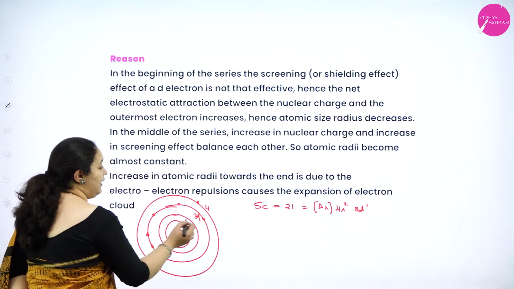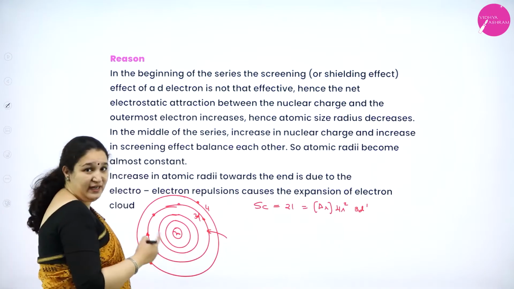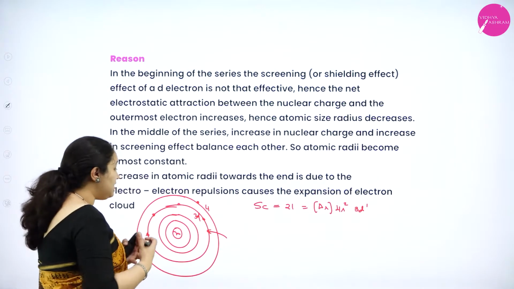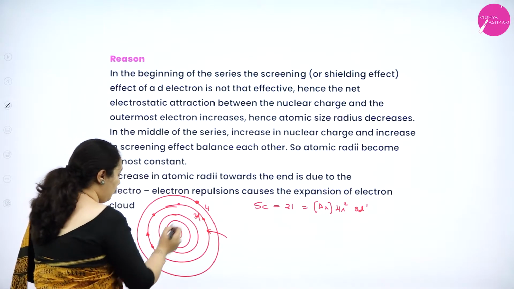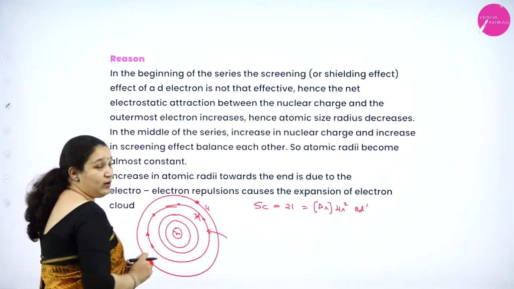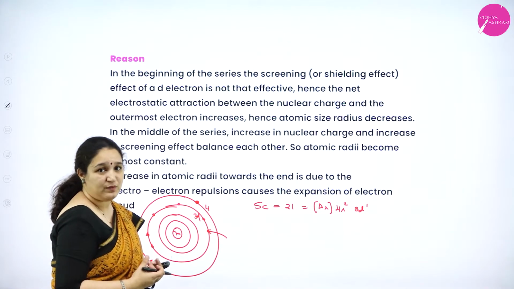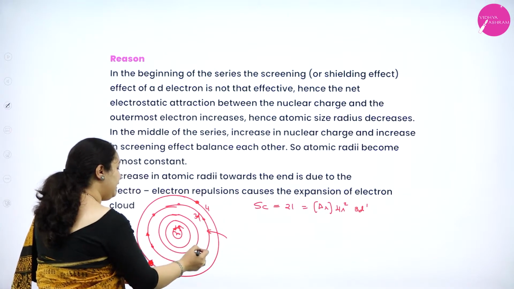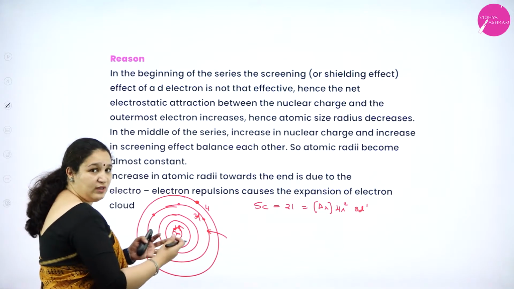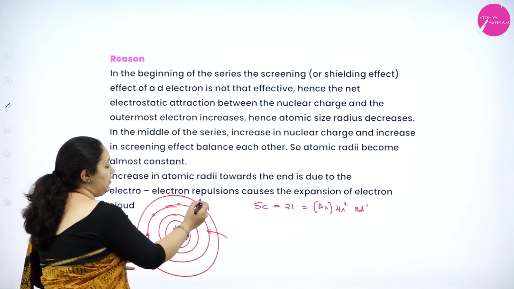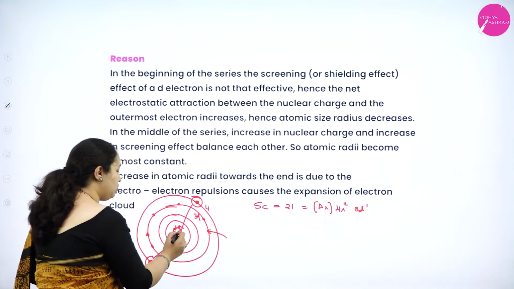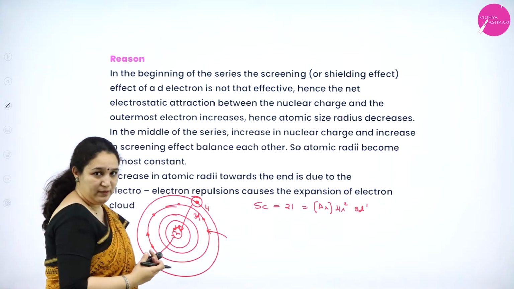So when the electron comes into the 3D orbital, initially there is not much screening effect for these 2 electrons in the 4s. The protons are also going on increasing, the 3D electrons are also going on increasing, but not much screening effect is there. Still these 2 electrons are pulled towards the nucleus quite well.